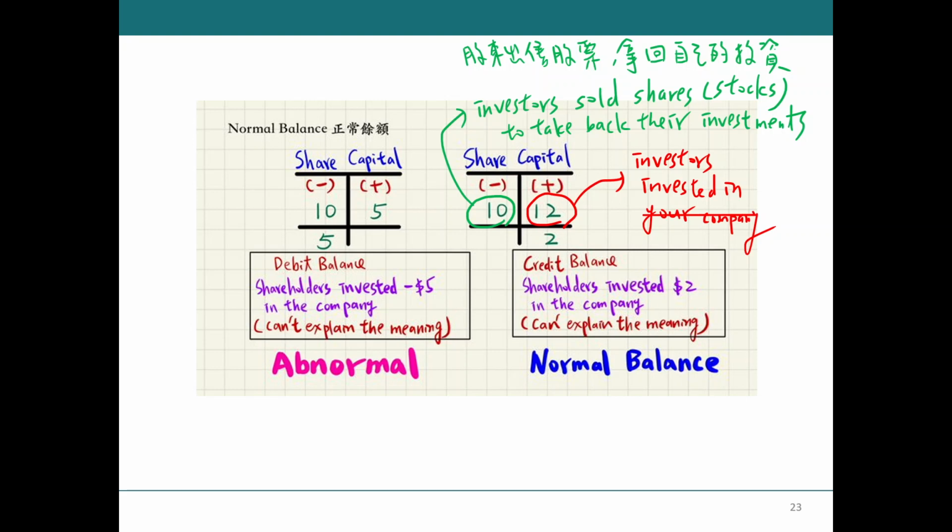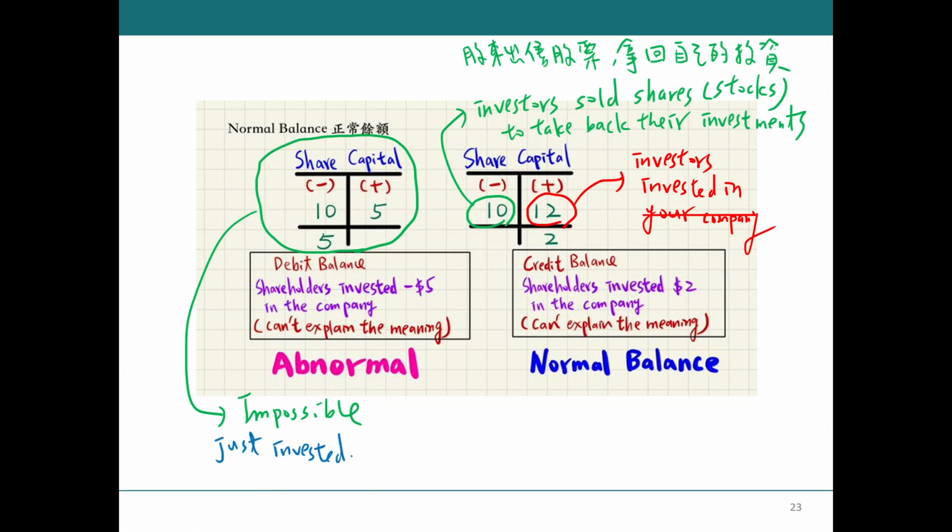So based on this case, the abnormal situation is impossible. Why? Because you just invested $5. How could you take back $10 of investment?